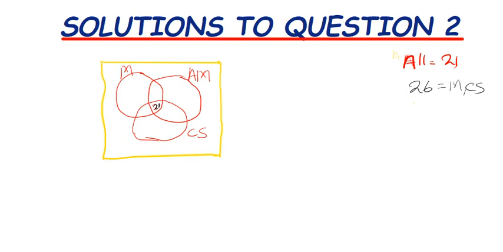When we subtract 26 minus 21, it gives us 5. So here we have 5. If a question asks how many taught mathematics and computer studies, then they are 26, the ones who taught mathematics and computer studies.